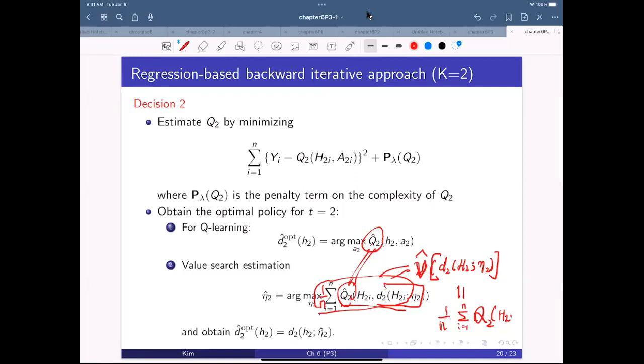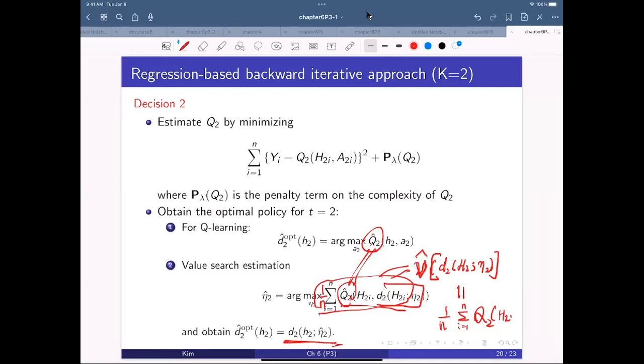In Q learning, because we are trying to get the maximum, this is a function of x, so it becomes non-parametric. But here you have a parametric model already.